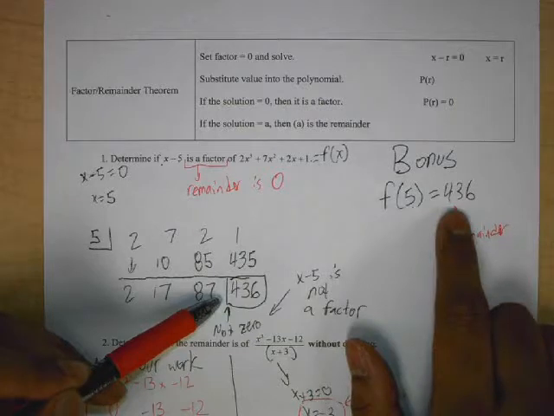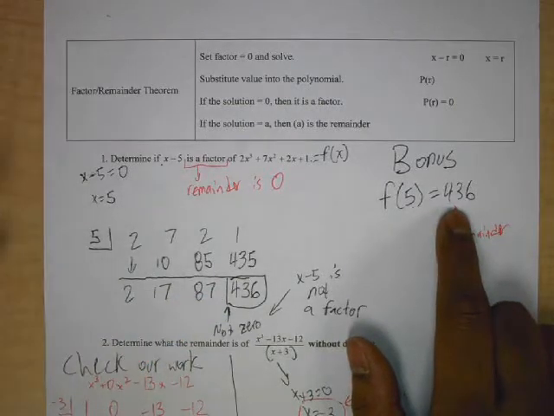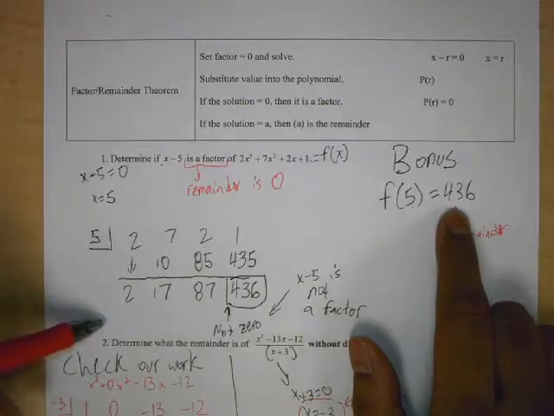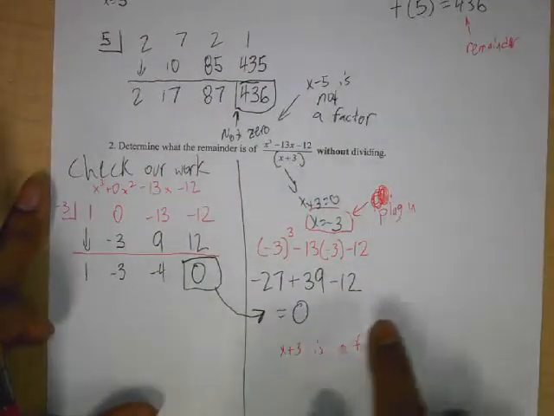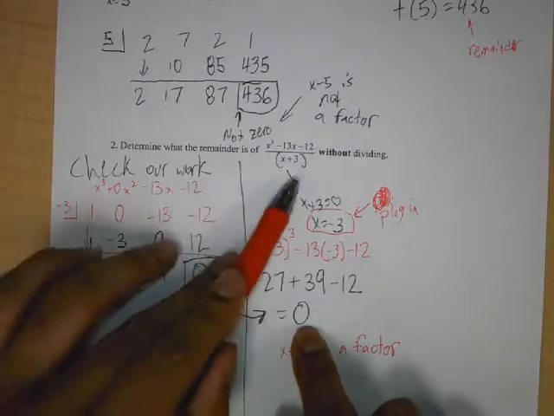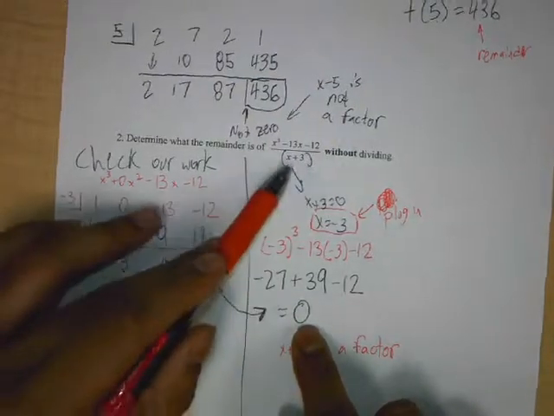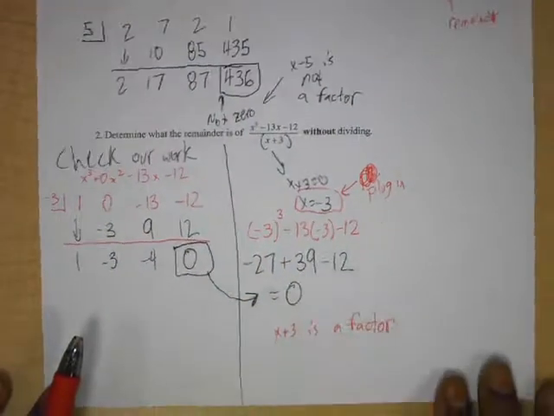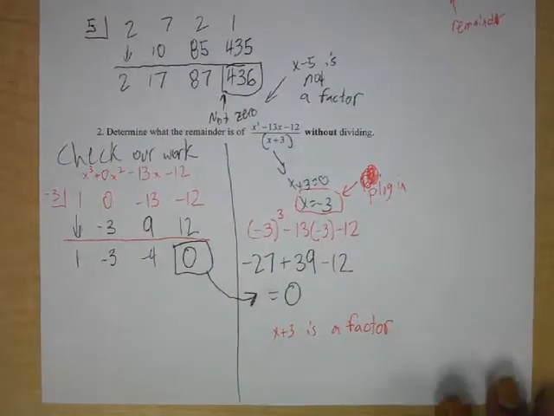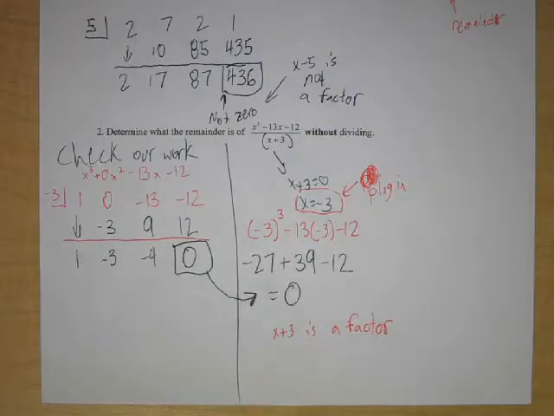So we can actually compute long polynomials without plugging any numbers in, right? We just do synthetic division instead. If you wanted to know what the remainder was without dividing, remember, you can just plug in the solution and see what you get, okay? All right, I hope you learned a lot, and good luck with your homework for the rest of the week.